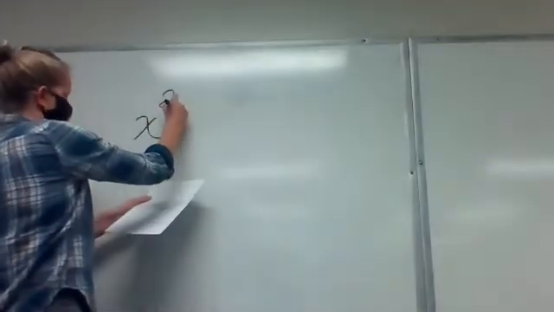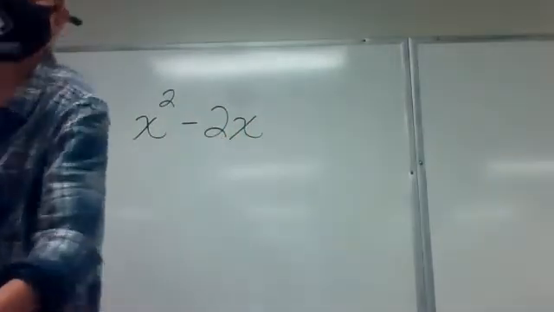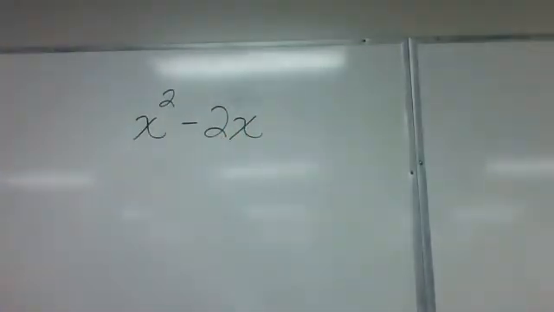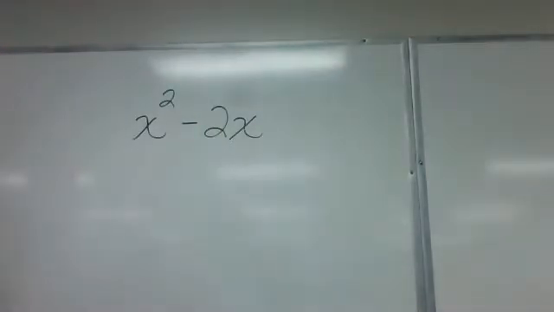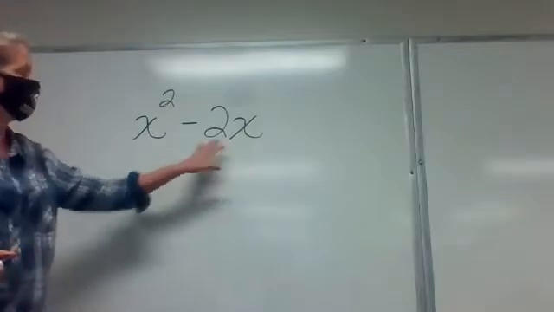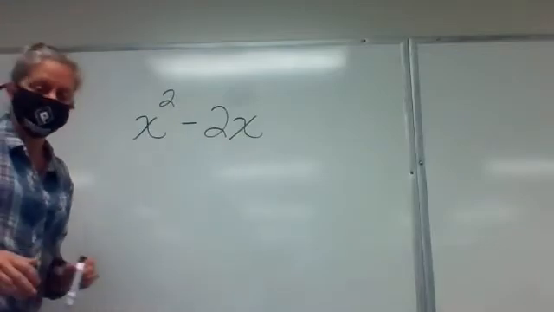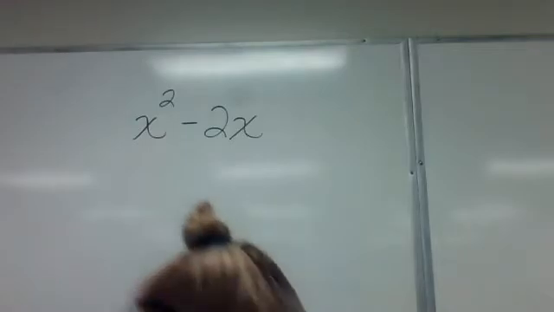So I have x squared minus 2x. We're looking at these two terms and looking for what is in common. What do you see in both of these terms? They both have an x. So they have an x in common. That is called a common factor.